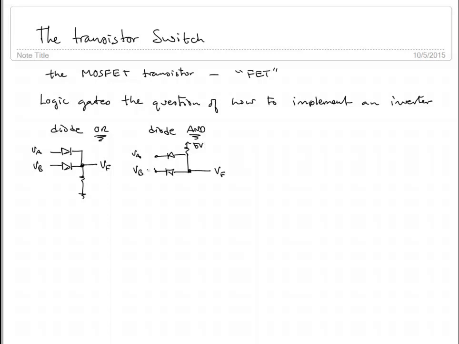So this worked. It didn't have very good static discipline because really it's more like a max or min function. VF here was really equal to the max of VA and VB, and here this was going to be the min.